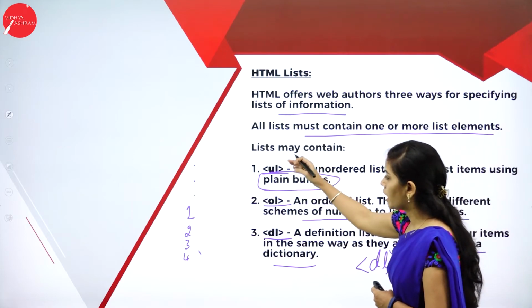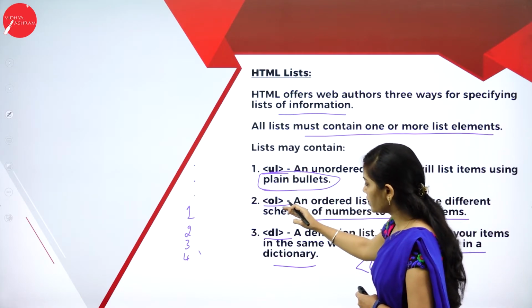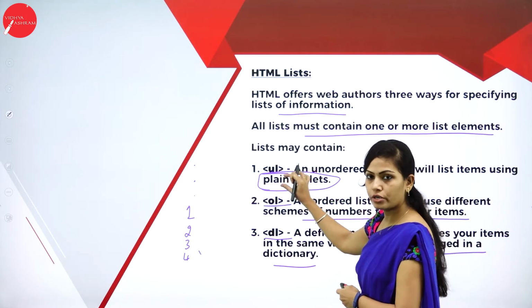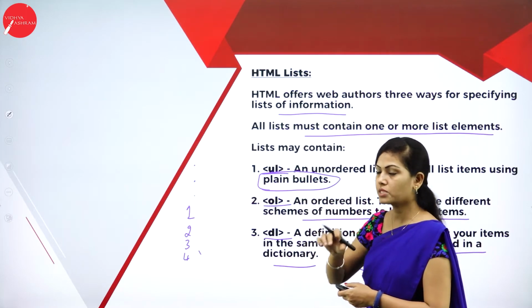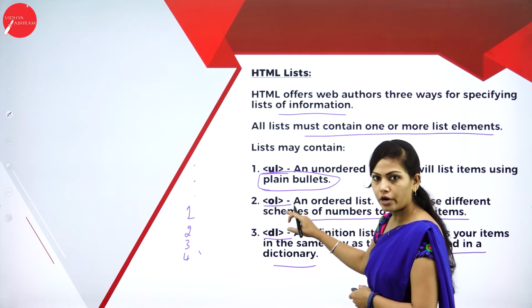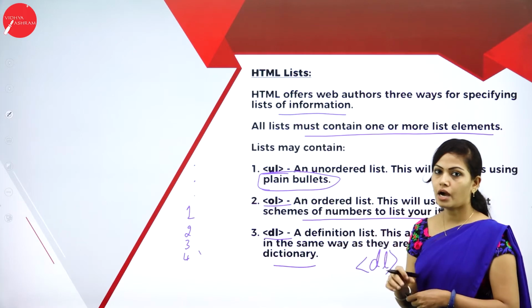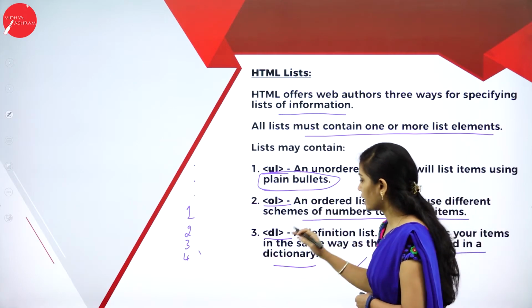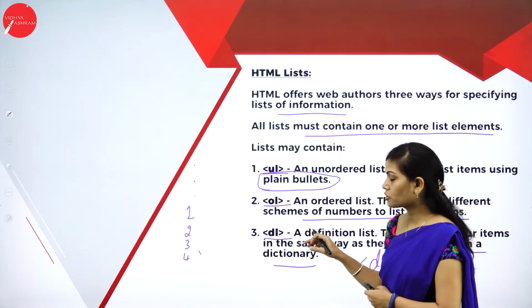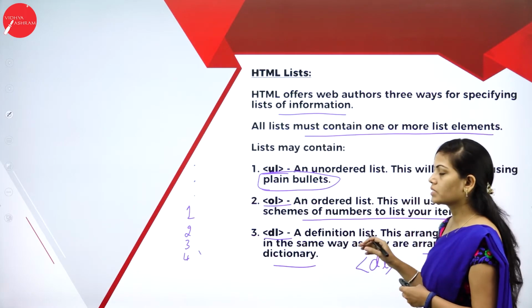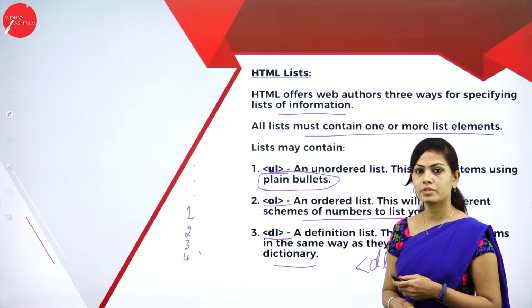So this is for unordered list, ordered list and definition list. Inside the unordered list, you have to list the items, and inside the ordered list, you need to list the items, and you can close the ordered list with a slash. And in definition list also, you can list out the element names and you can close the definition list tag.